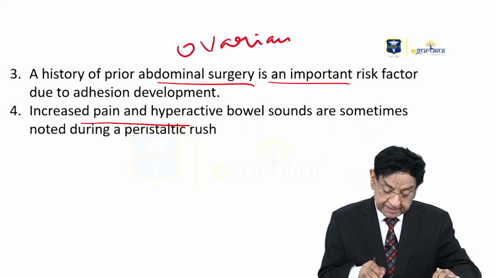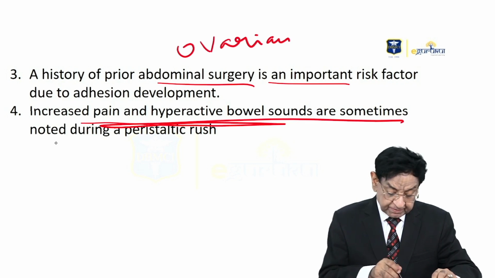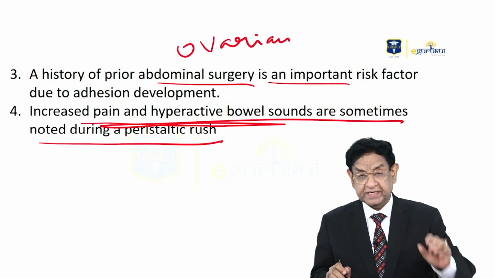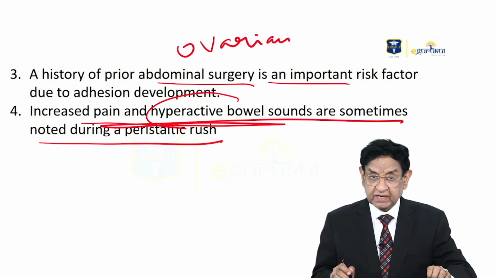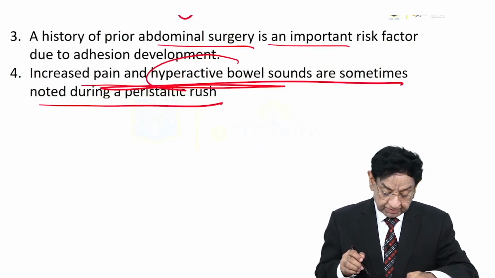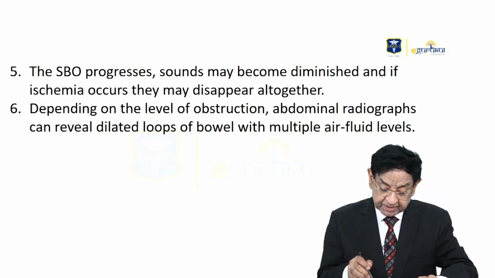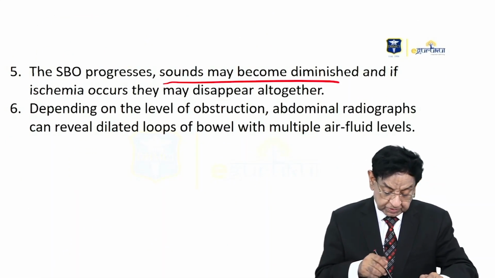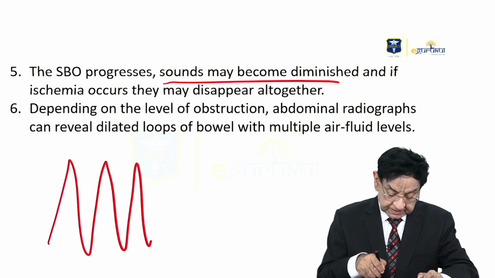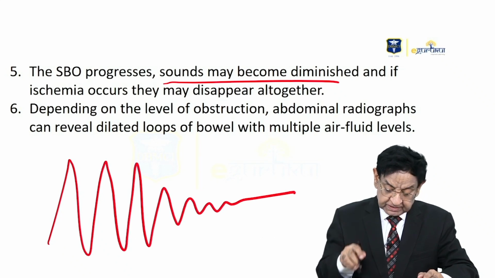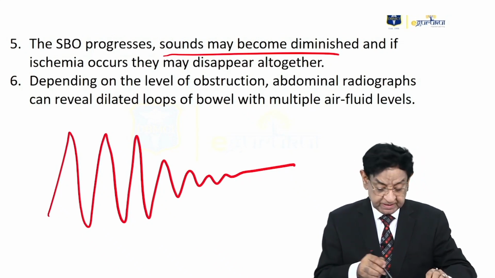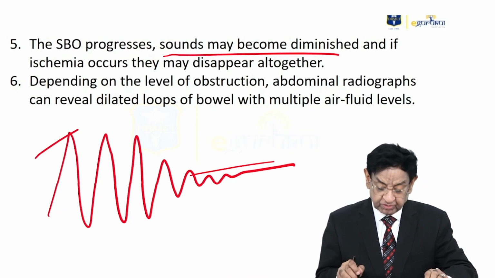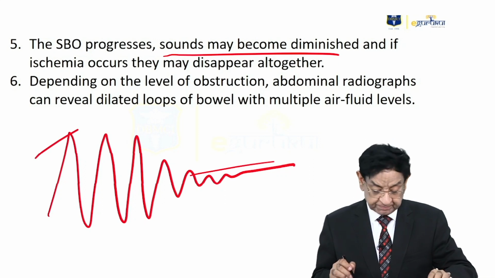Increased pain and hyperactive bowel sounds are sometimes noted during peristalsis. Initially, there are always hyperactive bowel sounds when the bowel is obstructed, but later on, the pain and the sounds diminish. So you can say like this: initial stage hyperactive bowel activity is the predominant feature, later on it becomes quiet and pain disappears.